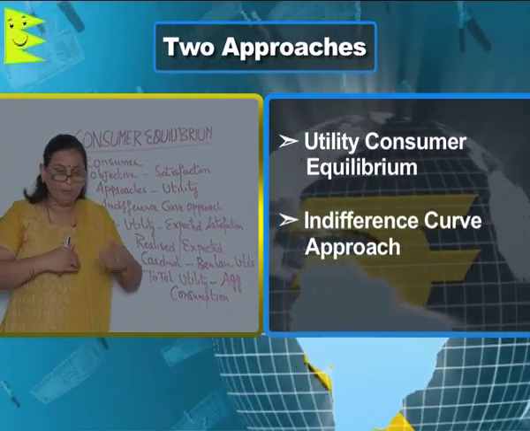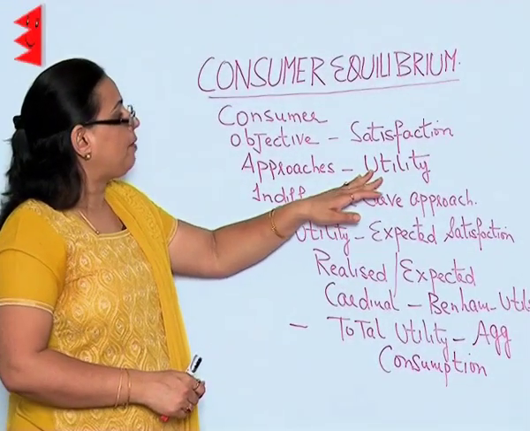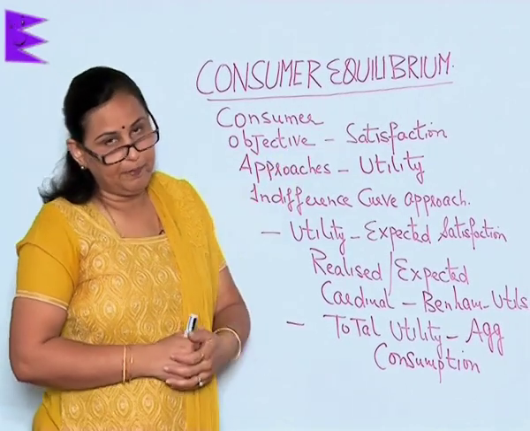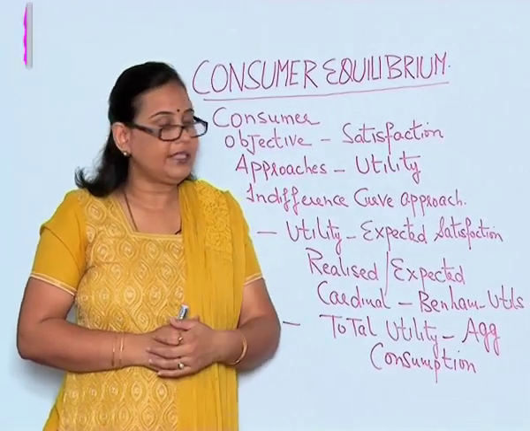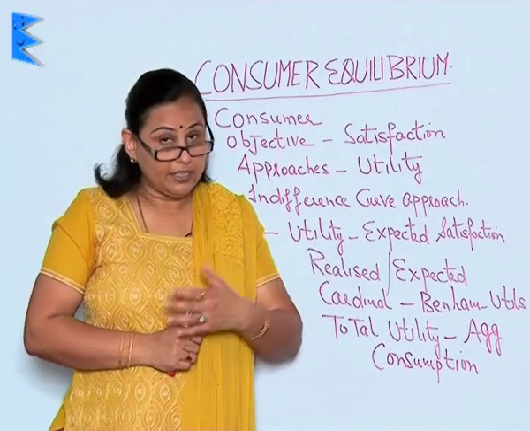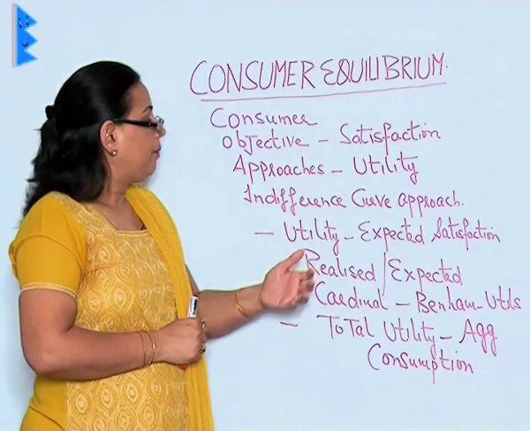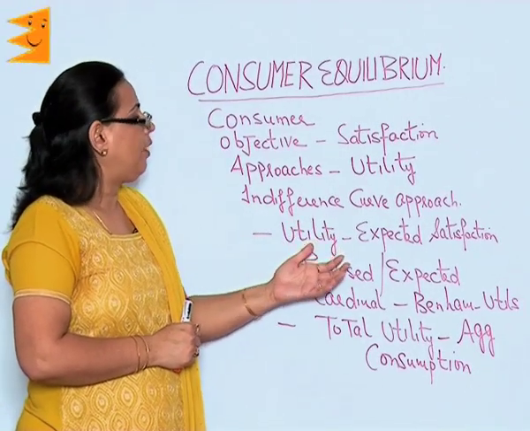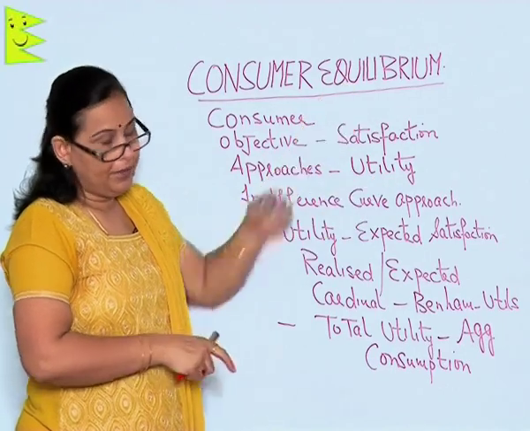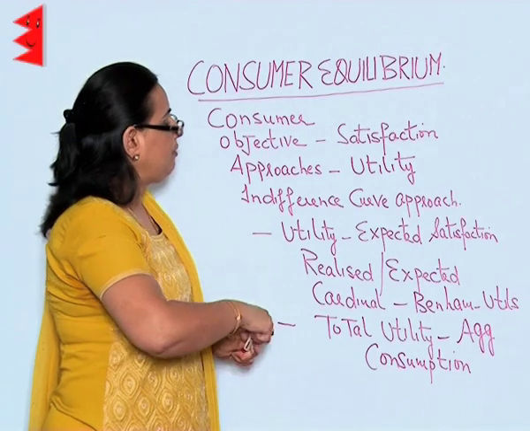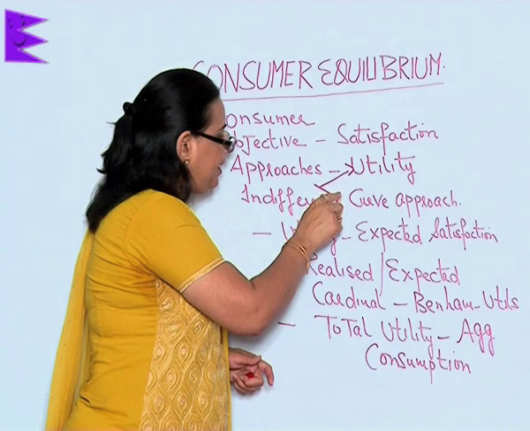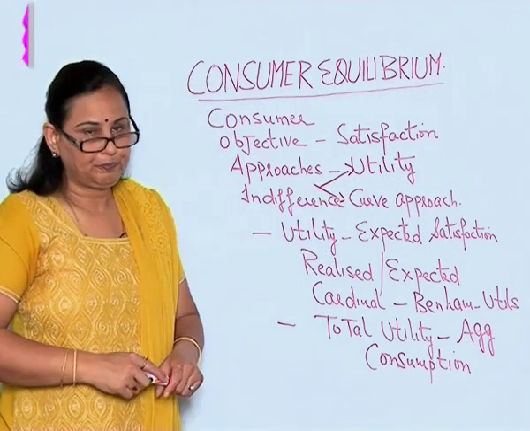So let's subdivide them now and let me talk about the utility approach of consumer equilibrium. Before starting with this, let me tell you about certain terms that you must know before you start reading about the utility approach of consumer equilibrium. Remember, there are two approaches as I have already told you. One is the utility approach and the second is the indifference curve approach.